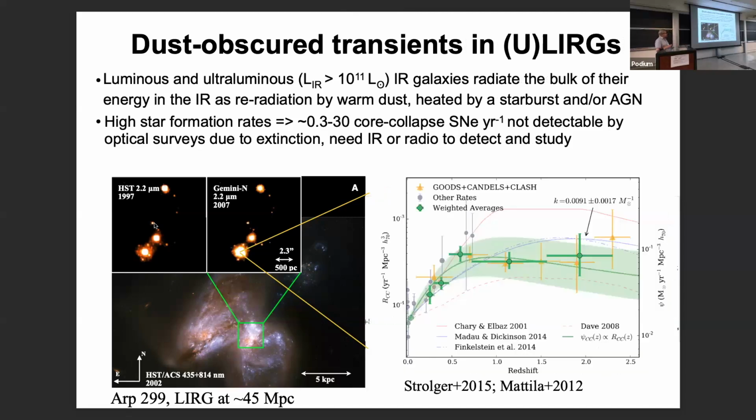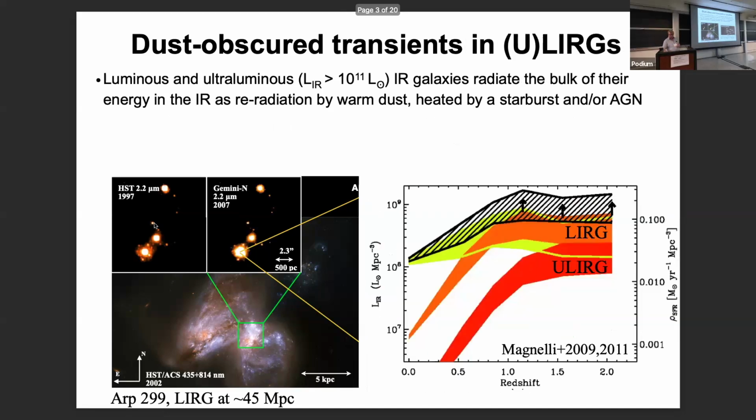So why are we interested in transients and supernovae in luminous and ultra-luminous infrared galaxies? Well, one possibility is using core collapse supernovae as probes of the cosmic star formation history. There have been a number of efforts on this. I think JWST will open new opportunities there as well. But as we know, we have an increasing fraction of star formation happening in LIRGs and ULIRGs when we move on in redshift.